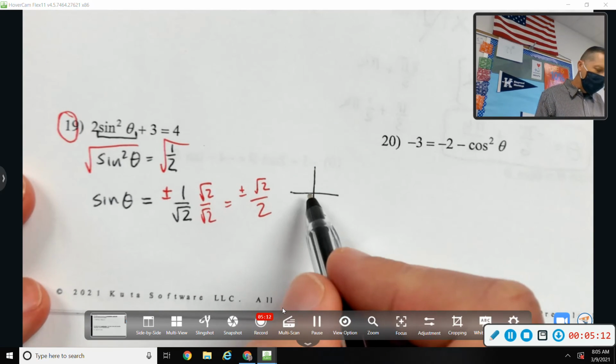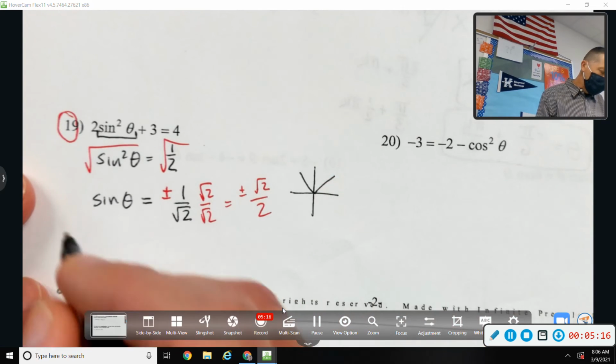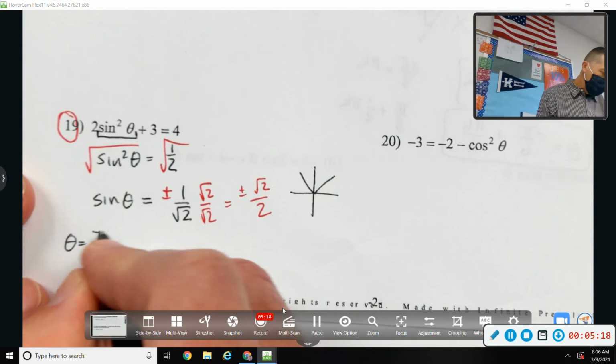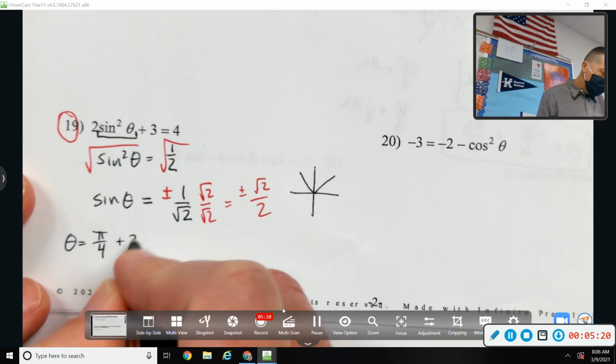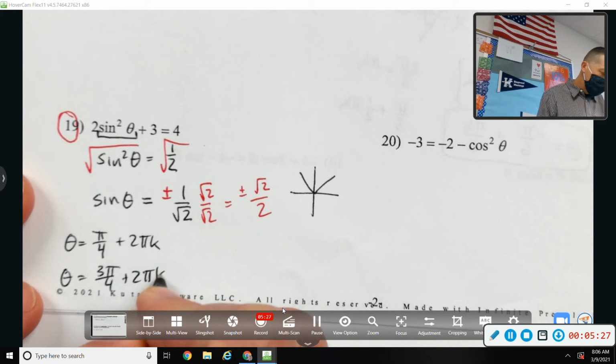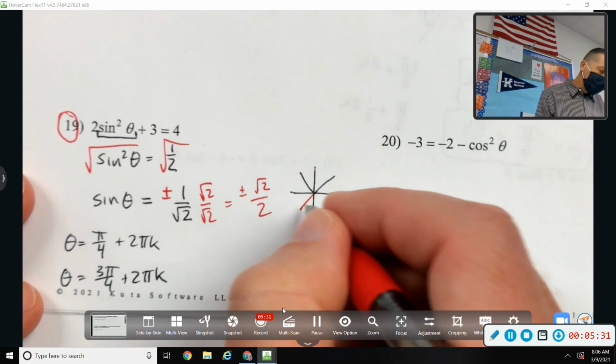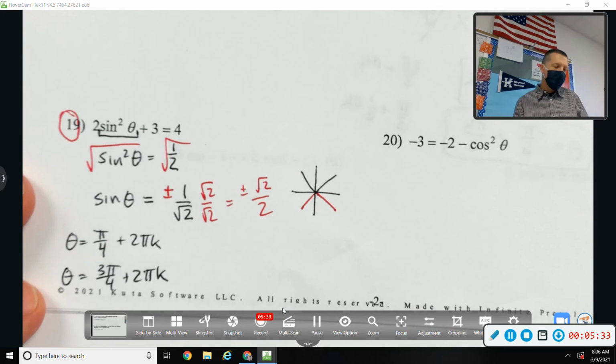So that would be the over 4s. The positive ones would be the up variety. So pi over 4 and 3 pi over 4. The negative ones would be the down variety.